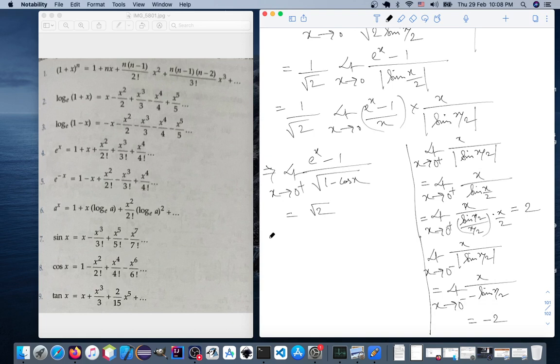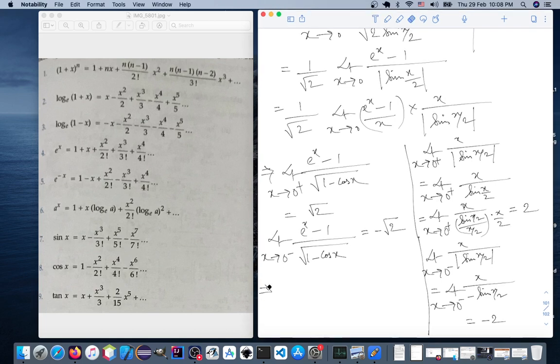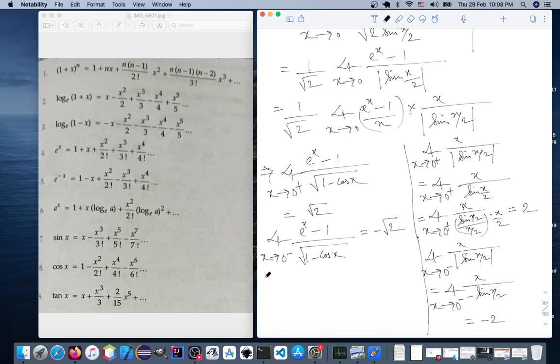But also, limit x tending to 0 minus, the given limit becomes, the limiting value of this part is minus 2. So we get minus root 2, and therefore LHL not equals to RHL.